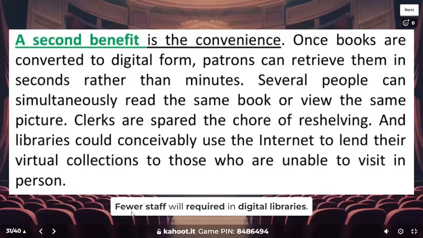Well, he said fewer staff will be required in digital libraries. Now, if this piece of information is literally stated in the paragraph, this means that you're going to find the exact paraphrase of this, so you should mark it as true. If you have the opposite, here the opposite would be more staff will be required.